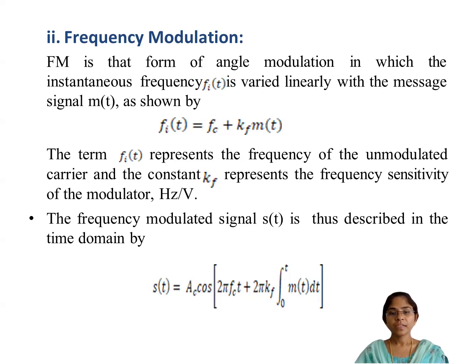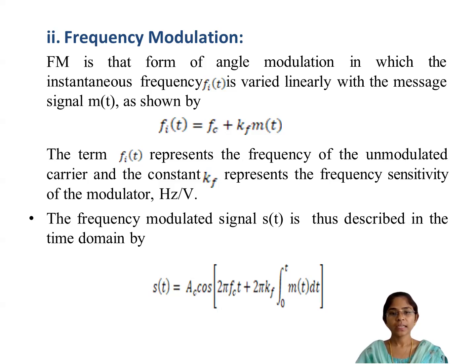Already previously we know fi of t is 1 by 2 pi into d by dt of theta i of t. So we need to equate both of them. In fi of t, we'll substitute 1 by 2 pi d by dt of theta i of t, and from that we'll write down what is theta i of t.